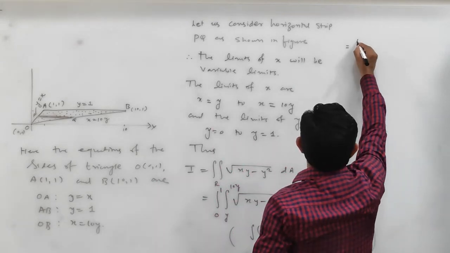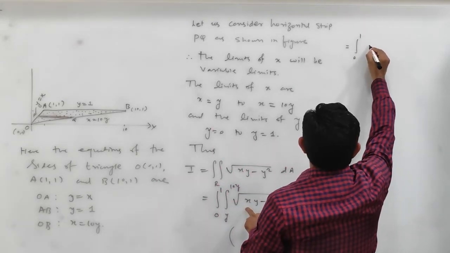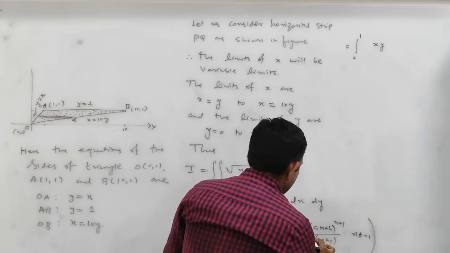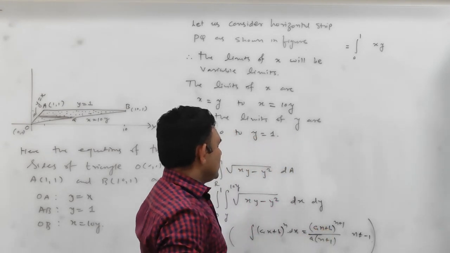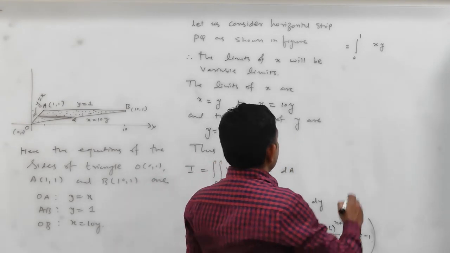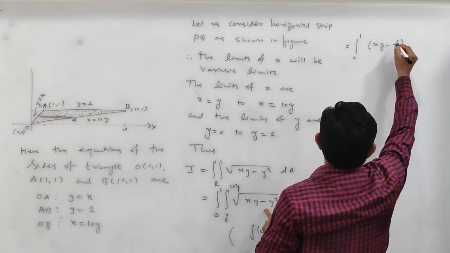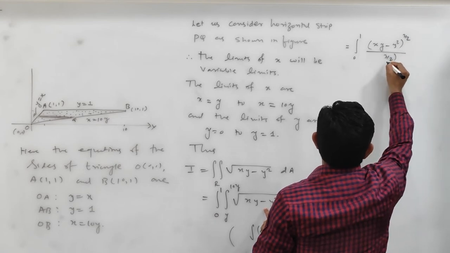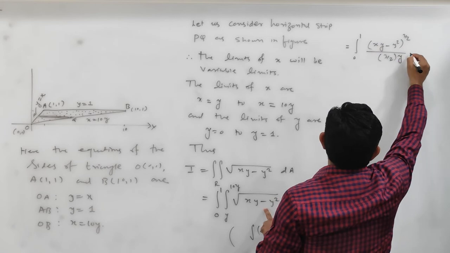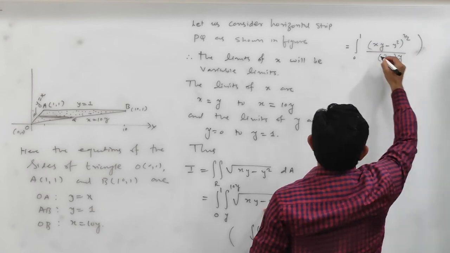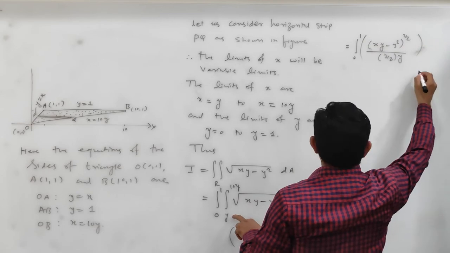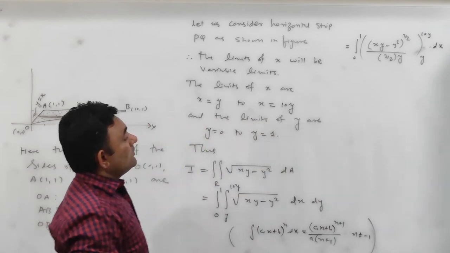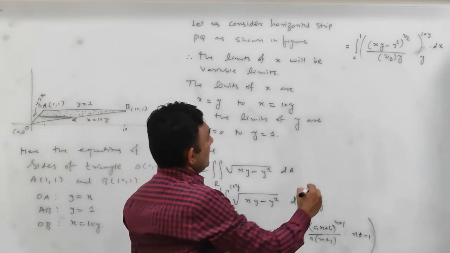So it is integration 0 to 1, and it is (xy minus y square) raised to 1 by 2 plus 1, that is 3 by 2, divided by 3 by 2, and into the coefficient of x, that is y. The limits are y to 10y, dx.